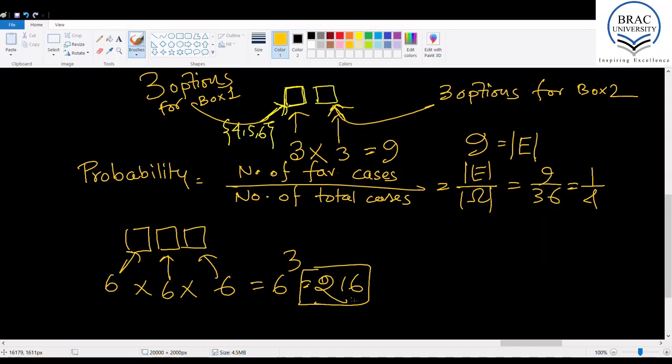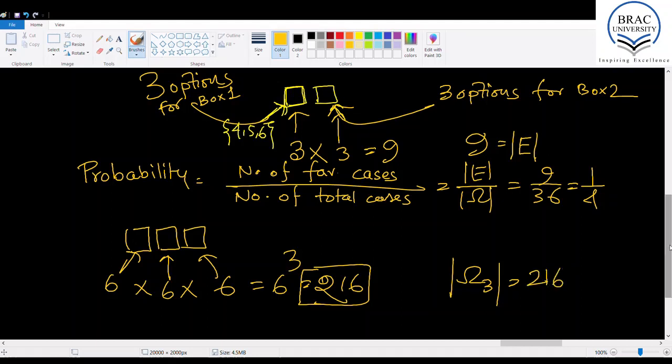So if we started to construct a table manually, it would have 216 cells and 216 different triples, and then we would have to search for the elements that have all 3 elements greater than 3. So it would be a lot harder. So 216 is the number of elements in the sample space when rolling 3 dice.